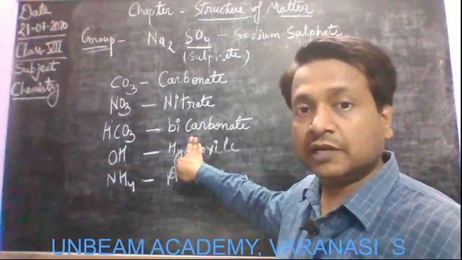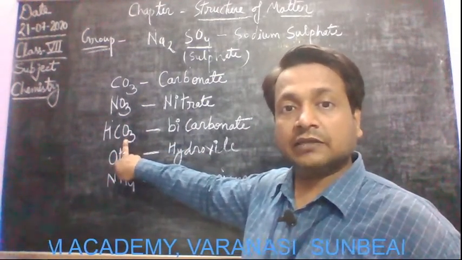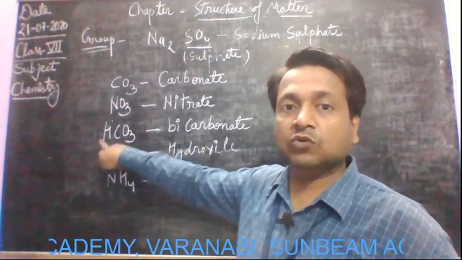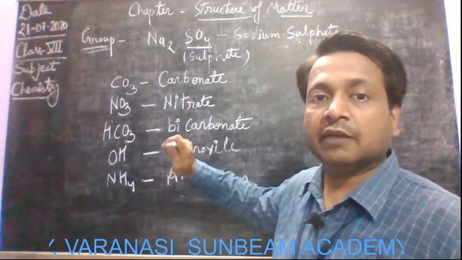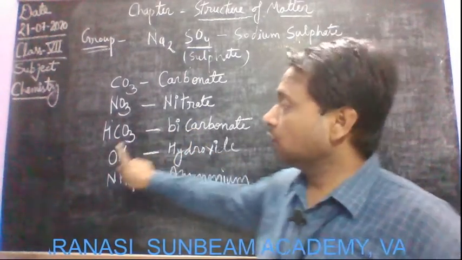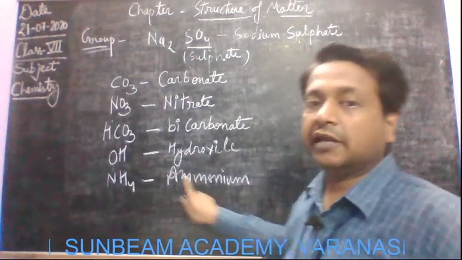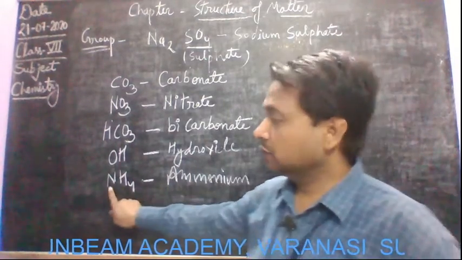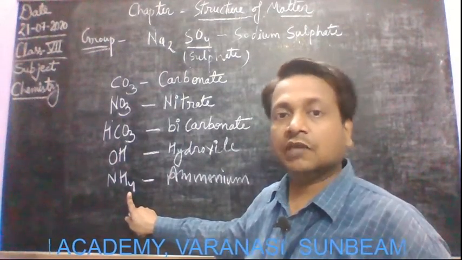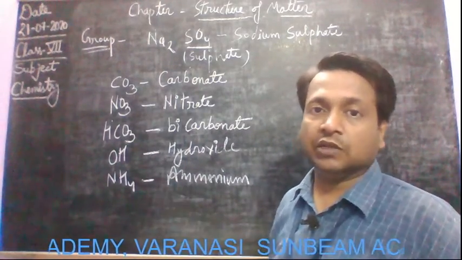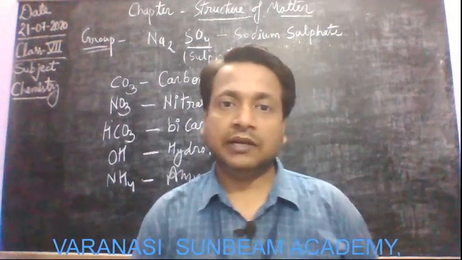In bicarbonate, one atom of hydrogen and one molecule of carbonate join chemically to form one molecule of bicarbonate. In hydroxide, one atom of oxygen and one atom of hydrogen are present together, and in the ammonium group, one atom of nitrogen and four atoms of hydrogen are present. So these are the groups. Now come to the next.